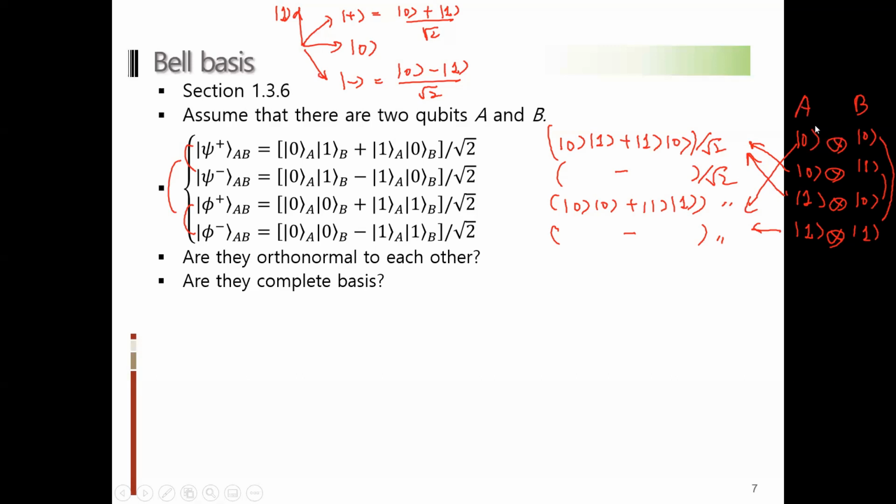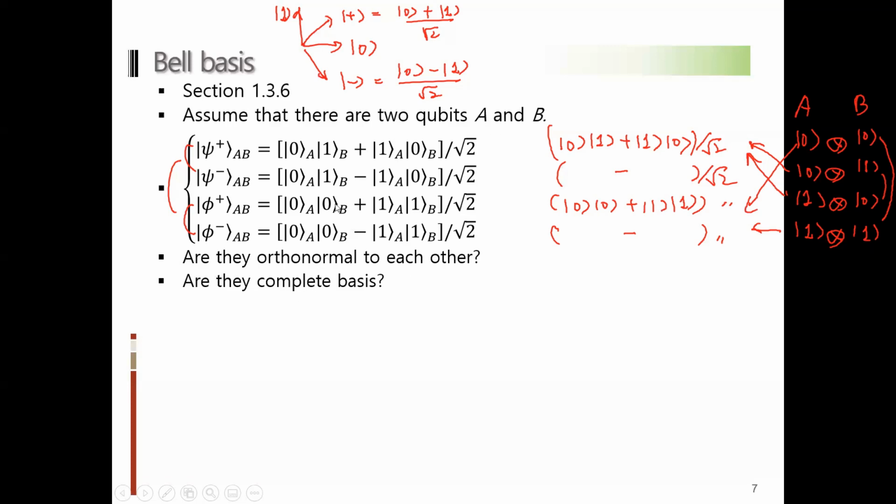And we know that the dimension of the new Hilbert space, or tensor product space, is 4, because the entire Hilbert space can be spanned by these 4 combinations. These 4 vectors are orthonormal to each other, and there are 4 of them.